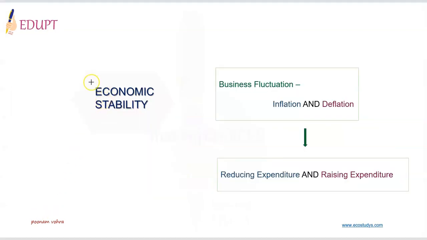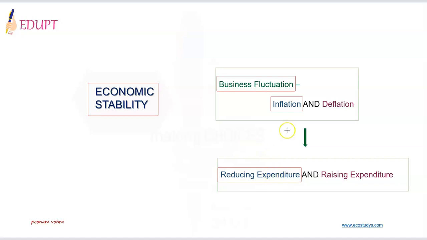Government budget is used to achieve economic stability by preventing business fluctuations when there is inflation or deflation in the country. If there is inflation in the country, government reduces its expenditure and controls the money supply. If there is deflation in the country, then government raises its expenditure and expands the money supply so that stability can be maintained.